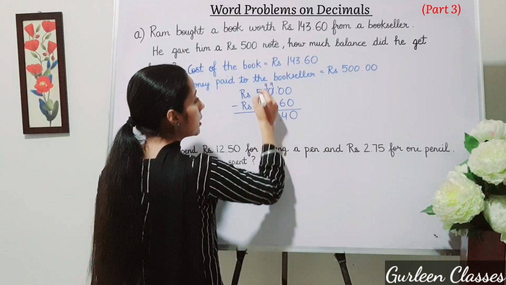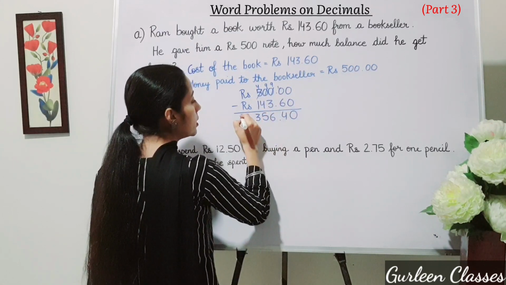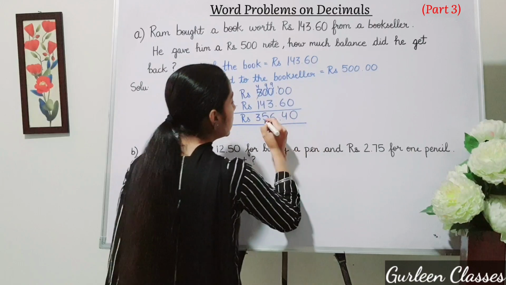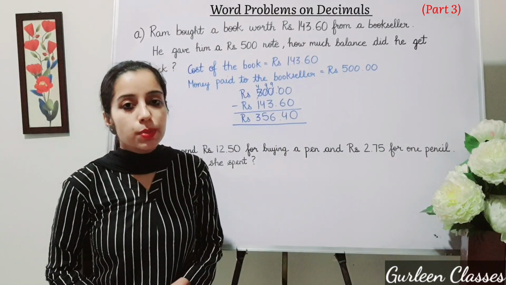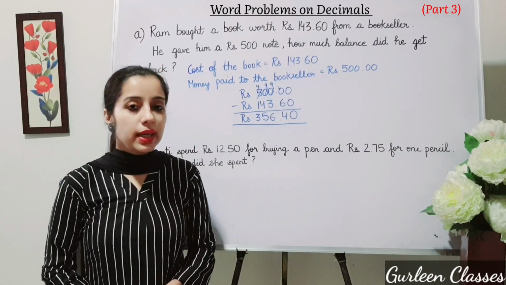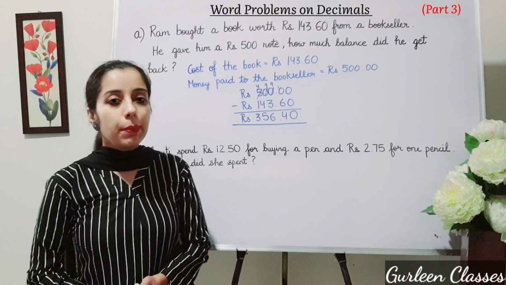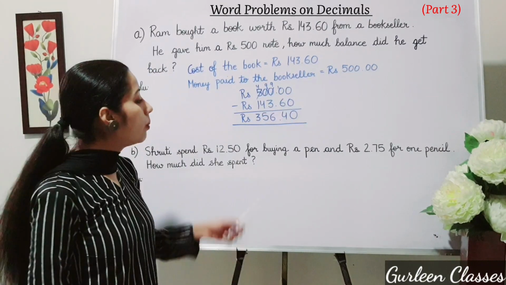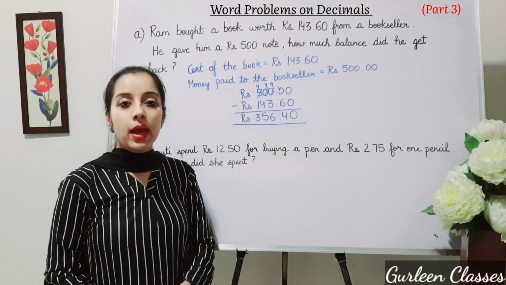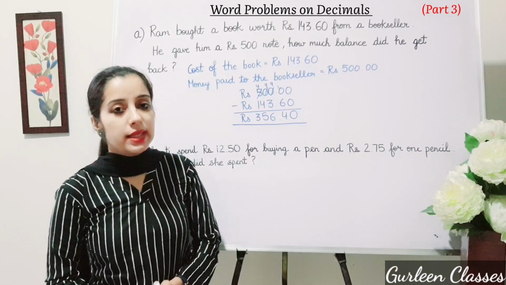Then 4 minus 1, 3. So it is coming rupees 356.40. How much money has Ram got back? Rupees 356.40.